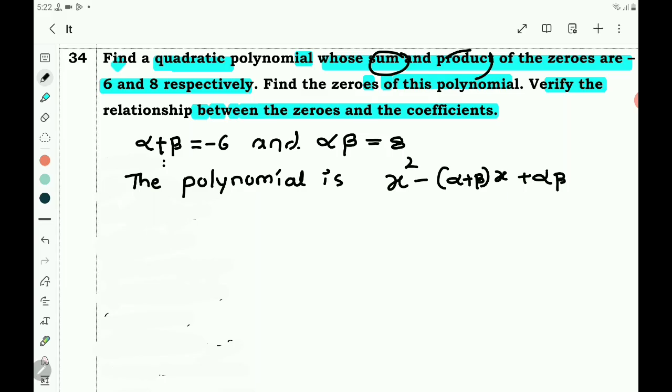X square minus alpha plus beta into x plus alpha beta is the polynomial.